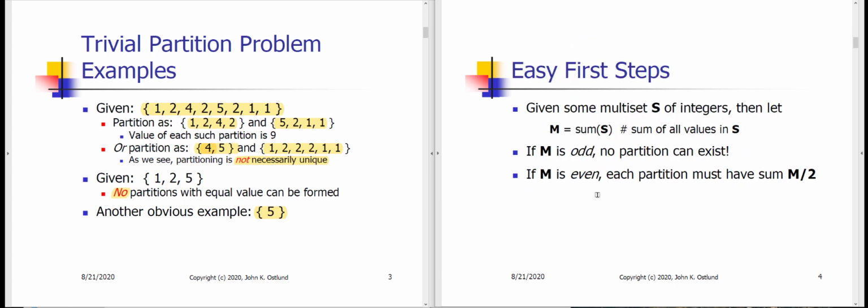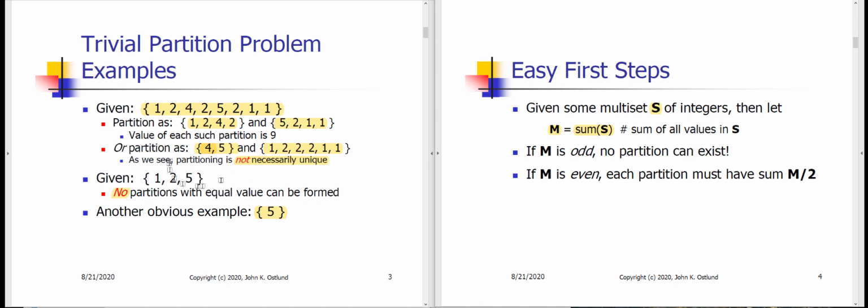Okay, so let's think about the easy analysis that we can do. We have some set of integers, and we can compute the sum of those integers, and just call that sum m.